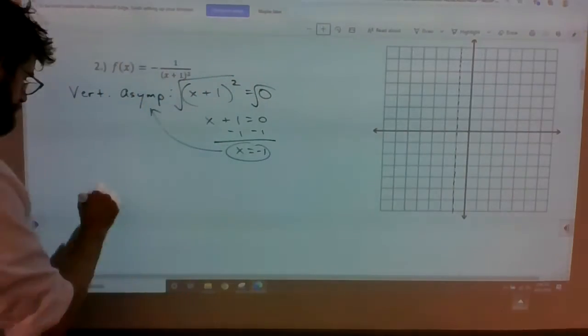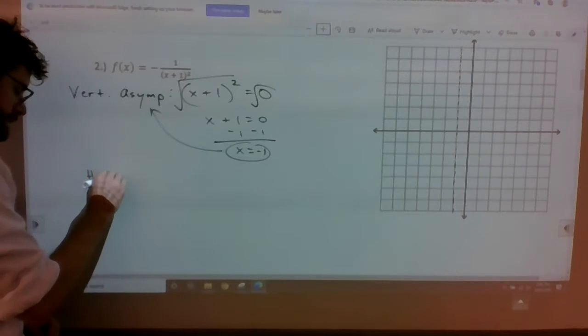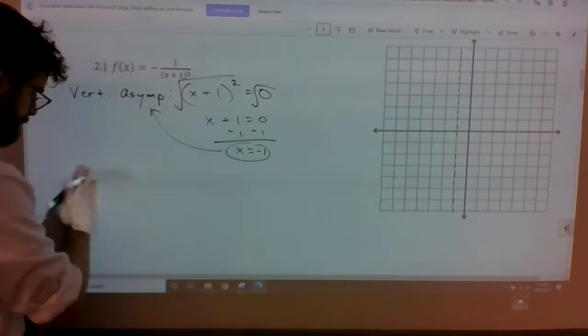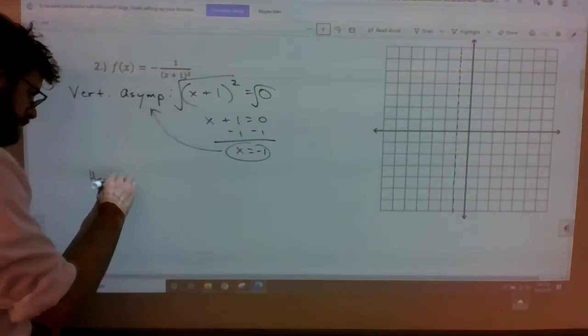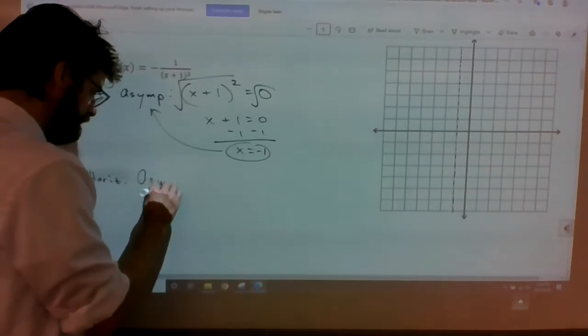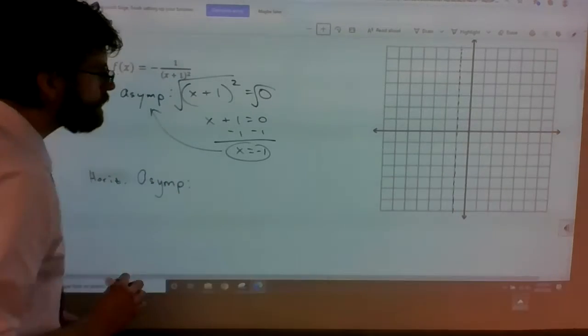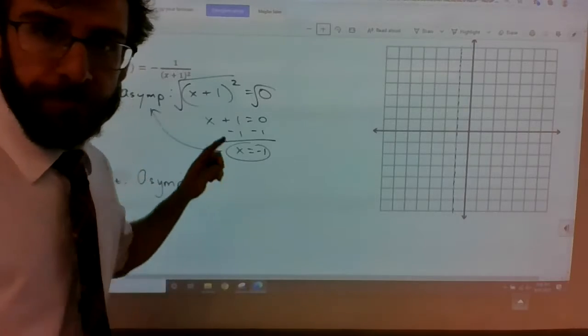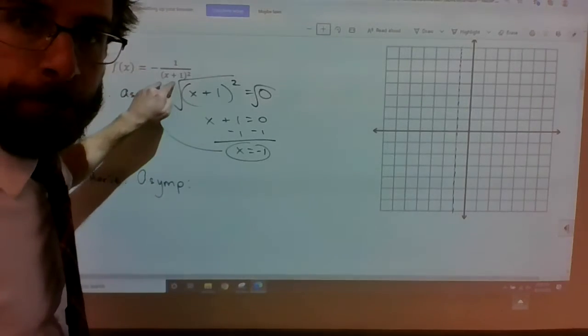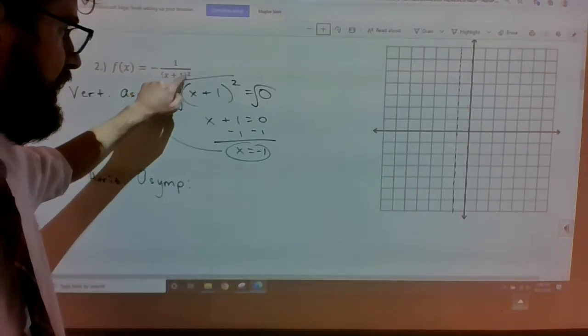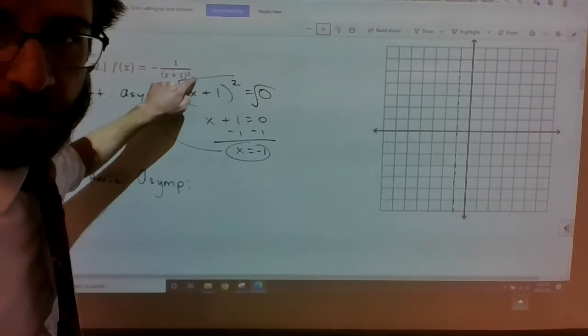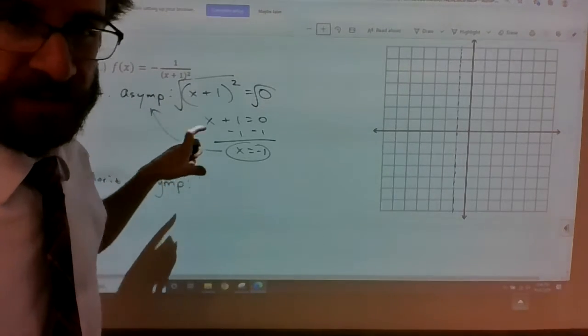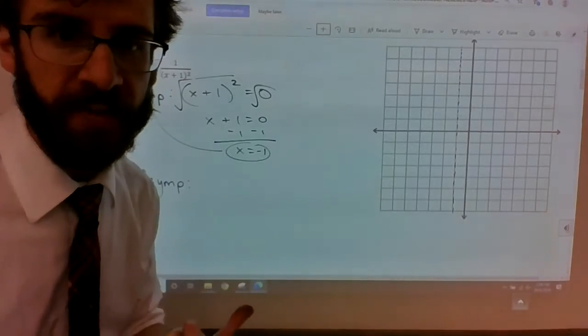How about the horizontals? Well, actually, there's a little rule that you can use here. If the bottom's leading power, which ends up being x squared, if I take x plus 1 times x plus 1, x squared is going to be the one that comes out of that.